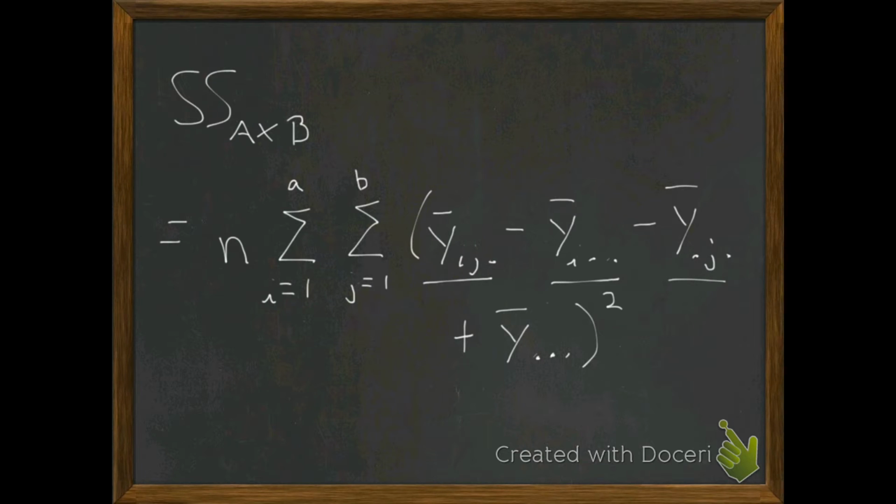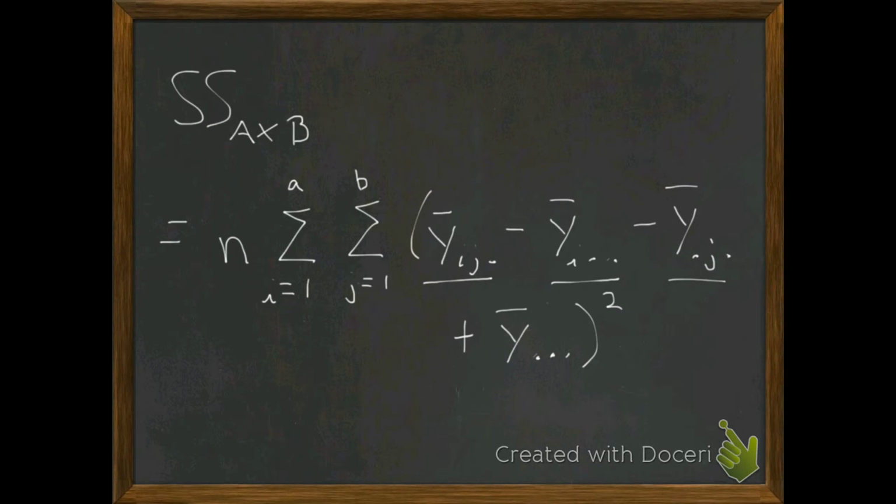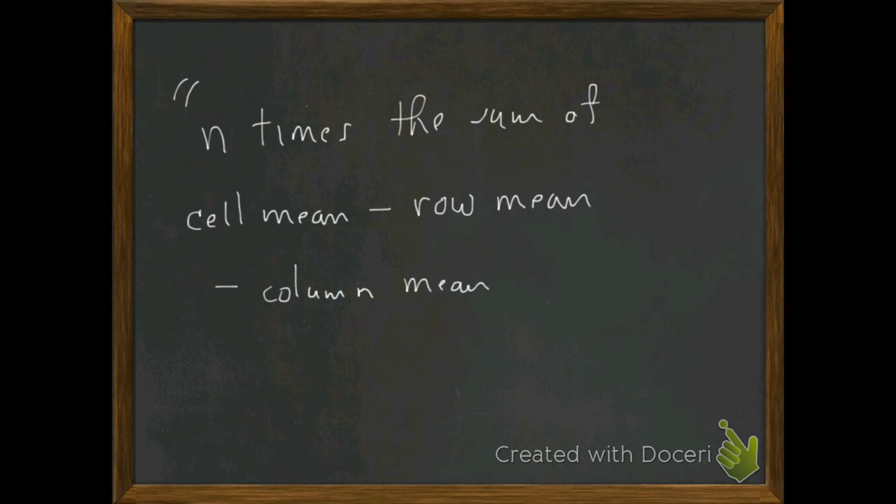This part is going to be the column mean. And this part is going to be the grand mean. And this is all squared.